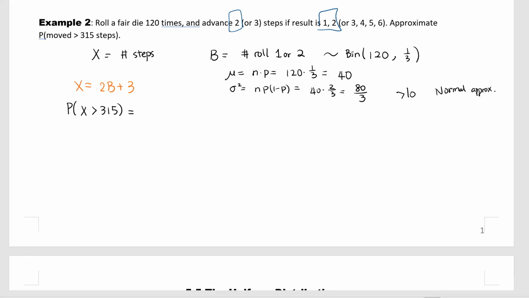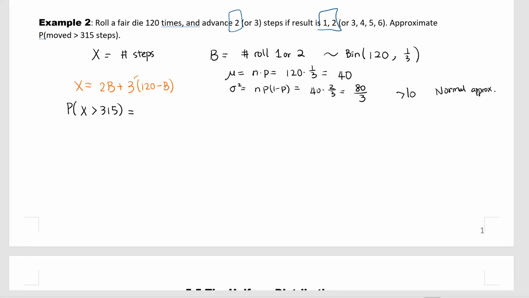How many rolls is that? We have 120 trials, and B is the number of successes, rolling 1 or 2. If you have B successes, the number of failures is 120 minus B.